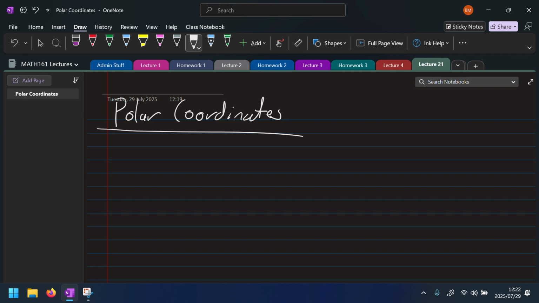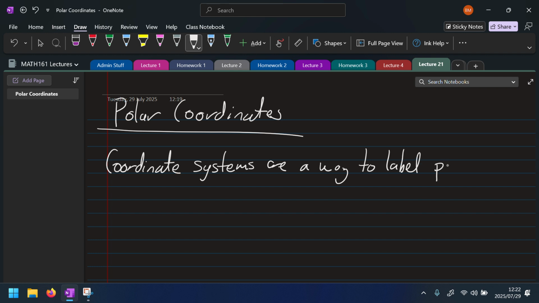Quick recap. What is a coordinate system? Coordinate systems are a way to label points in some space. You're very familiar with the Cartesian system. So in this 3D space, you can pick a point and it will be some x, y, z.